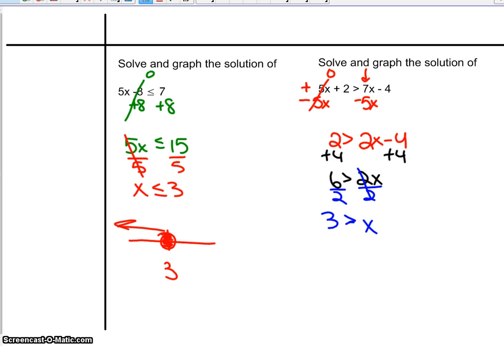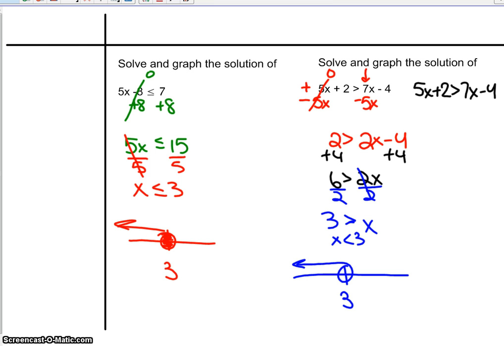Now again, if I get this situation, turn it around. Get your variable on the left side. Makes it easier for us to graph. Now, I always hear somebody say, well, my teacher always wants me to put my variable on the left side. And like I just did, I can do that at the end and switch it.